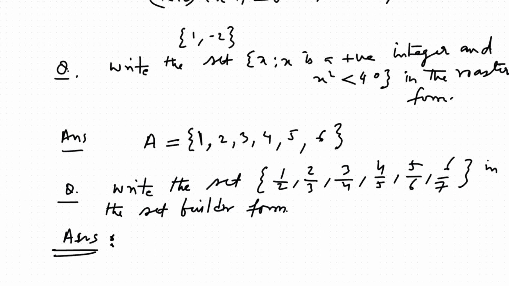So how do we make it a solution? We are seeing that in each number the denominator is 1 more than the numerator. So we could write x is such that x is equal to n upon n plus 1, and n is a natural number.